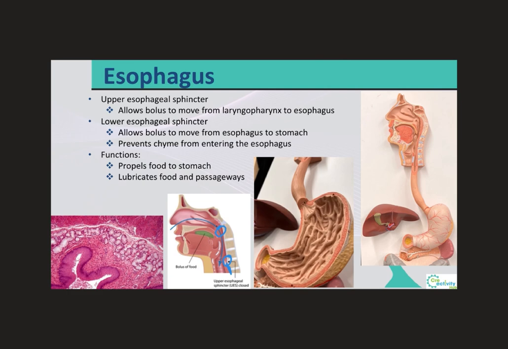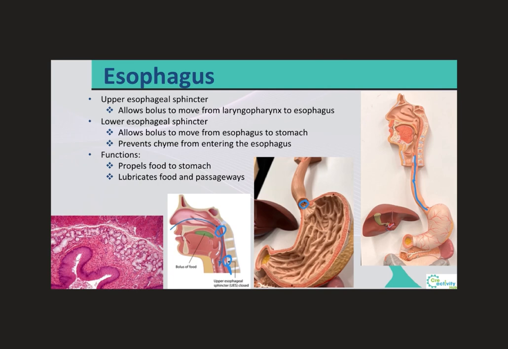Once the food enters the esophagus, there will be rhythmic waves of peristalsis that push the food towards the stomach, and it will pass through the lower esophageal sphincter before entering the stomach. Recall that these sphincters are made up of muscles that surround the tubes, and they serve as valves that close the tube when the sphincters contract and open it when they relax.